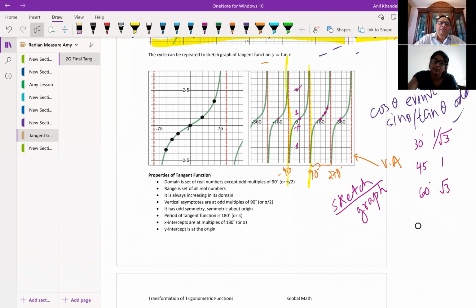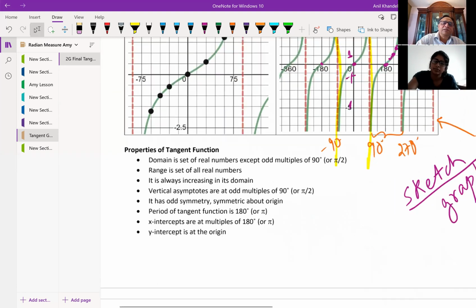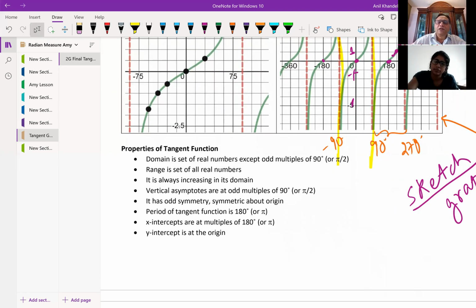Okay, I'd like you to read the properties of the tangent function. Let me just increase that for you now. Can you please read what I have written here for properties of the tangent function? So domain is the set of real numbers except odd multiples of 90 degrees or pi by 2. The range is the set of all real numbers. It is always increasing in its domain.